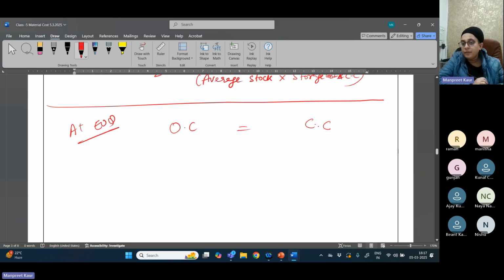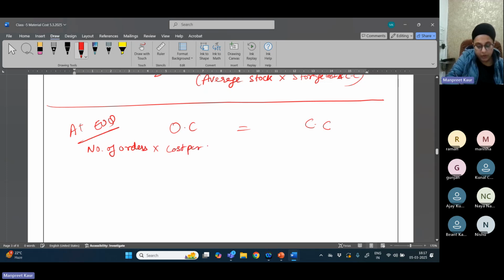I told you EOQ comes when ordering cost is equal to what? Carrying cost. Very nice. Formula for ordering cost is number of orders multiplied by cost per order. Simple formula. However many orders come, multiplied by the cost of one order is the ordering cost. Simple. Carrying cost is average stock multiplied by carrying cost or storing cost, as written above.